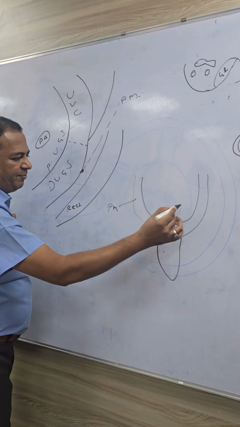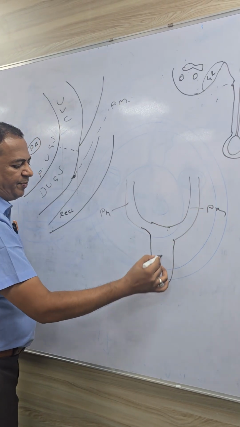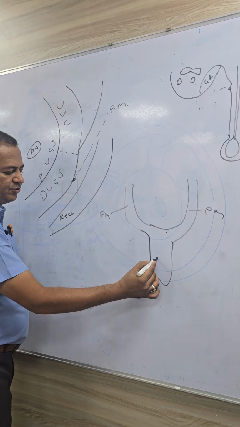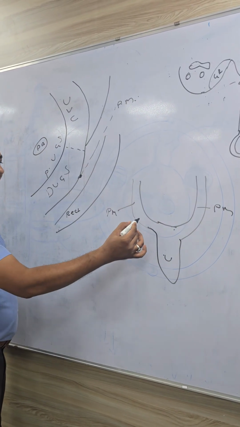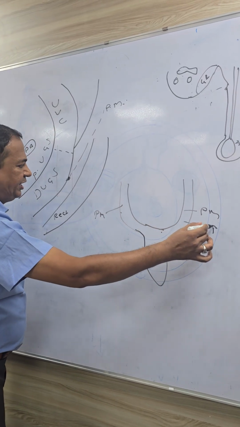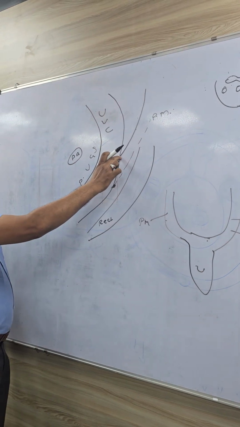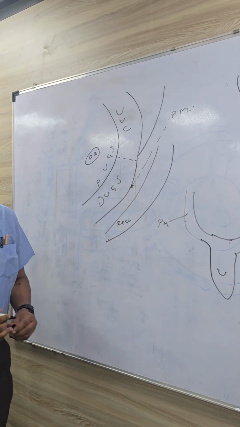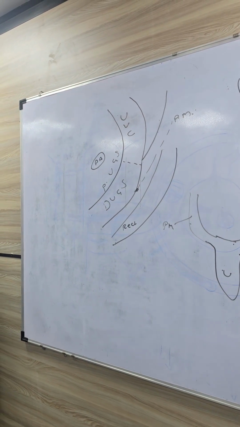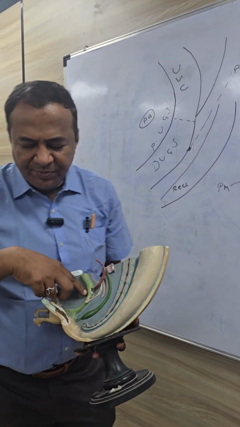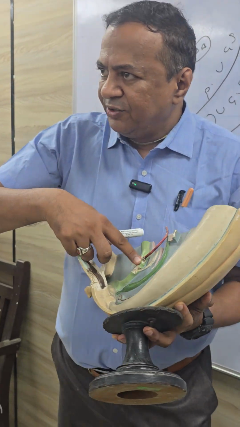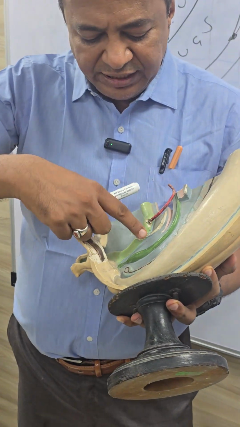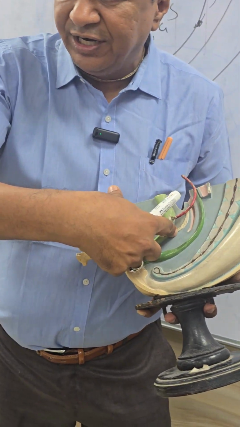There are two paramesonephric ducts. These two paramesonephric ducts unite. This united portion forms the uterus. The ununited portion forms the uterine tubes. Here we saw that this is mesonephric duct and this is paramesonephric duct. In this specimen also we saw the mesonephric duct opening here into the definitive urogenital sinus, and this was the paramesonephric duct.